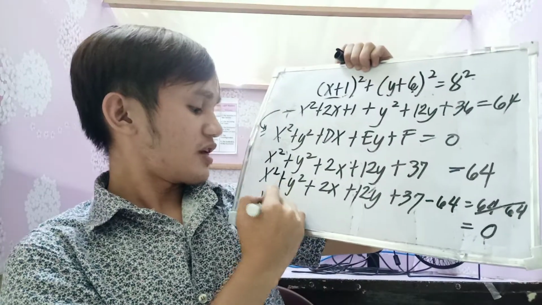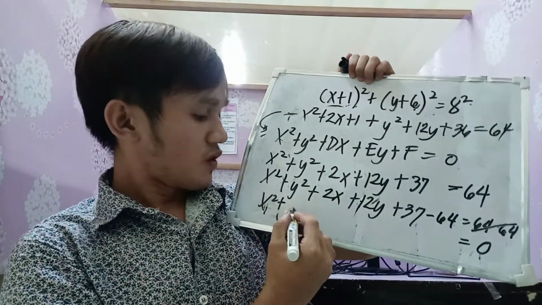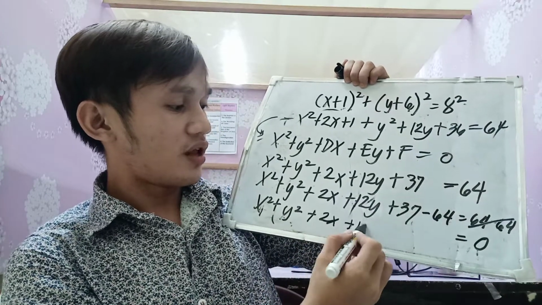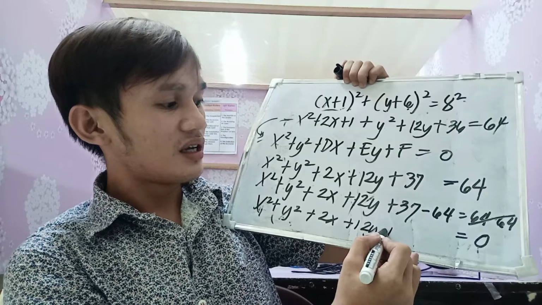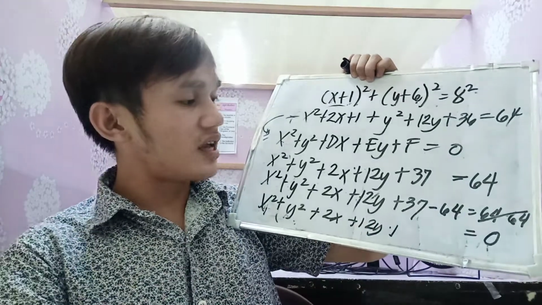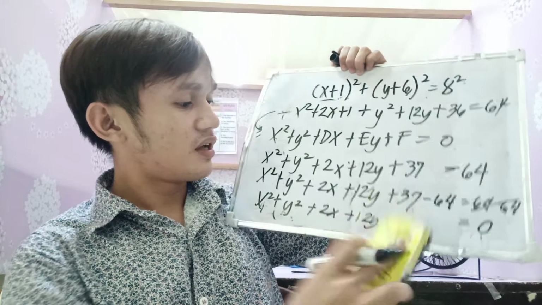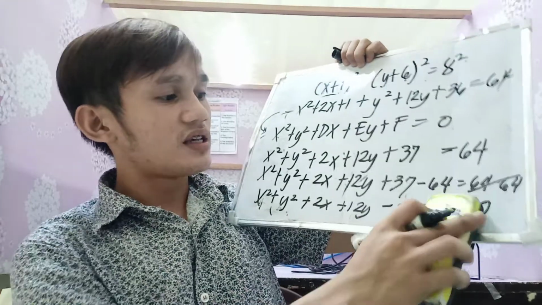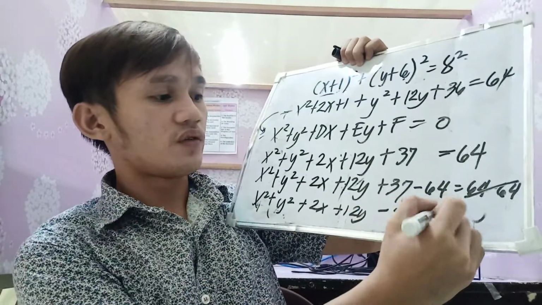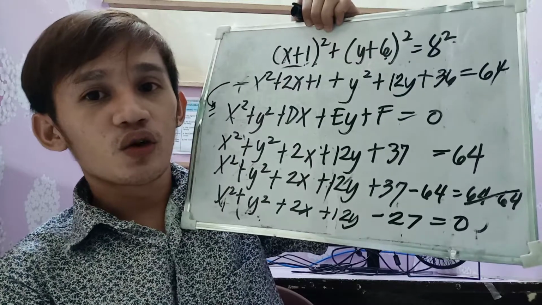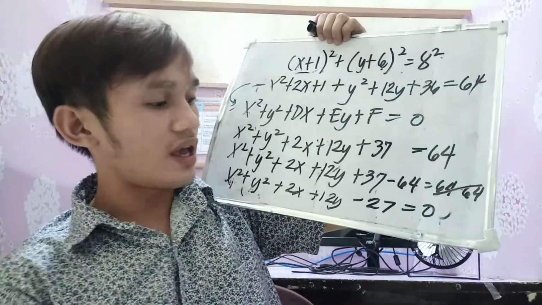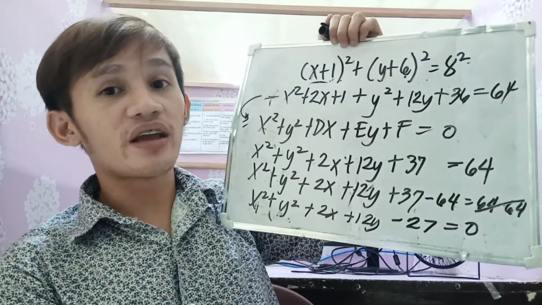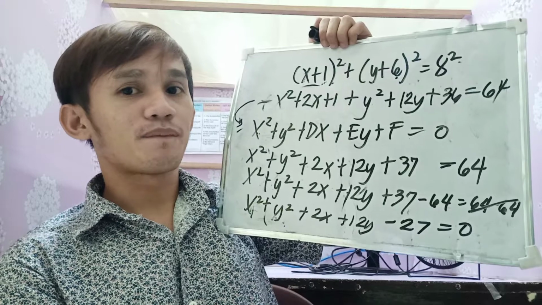So now, this will be x squared plus y squared plus 2x plus 12y plus, so 37 minus 64 is negative 27 is equal to 0. So that is how you are going to write standard form to general form of a circle.